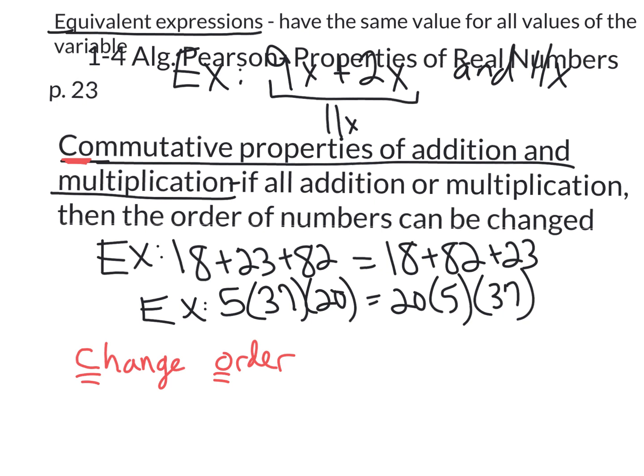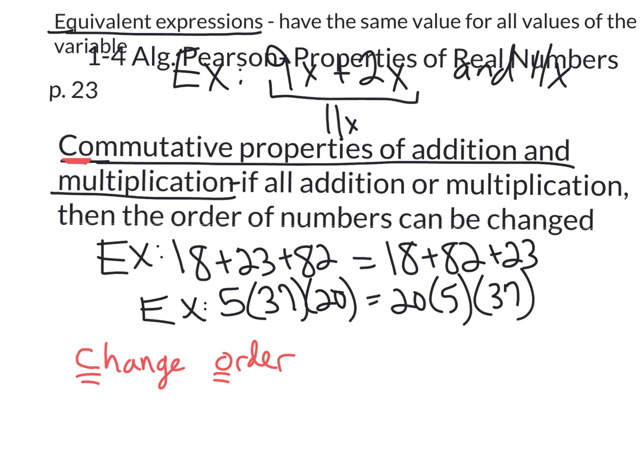If you have three numbers, let's say 18 plus 23 plus 82, we can change the order of those, make it 18 plus 82 plus 23. Reason for doing that, 18 plus 82 just happens to be 100, and then 100 plus 23 is 123. It makes it an easier problem if we rearrange it that way. For multiplication, let's say we have 5 times 37 times 20.